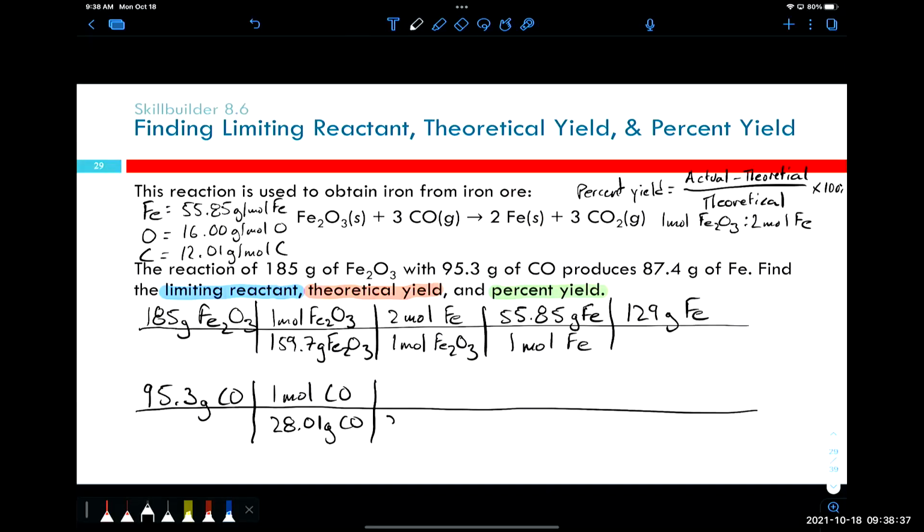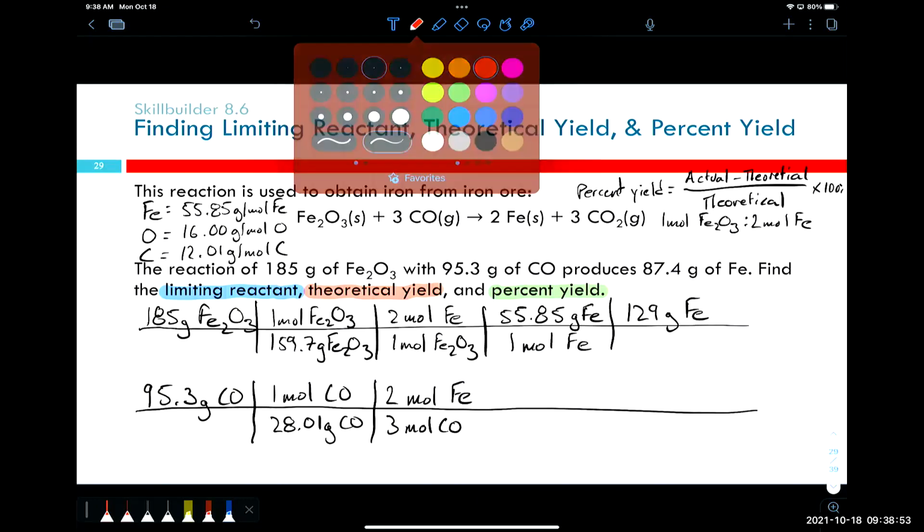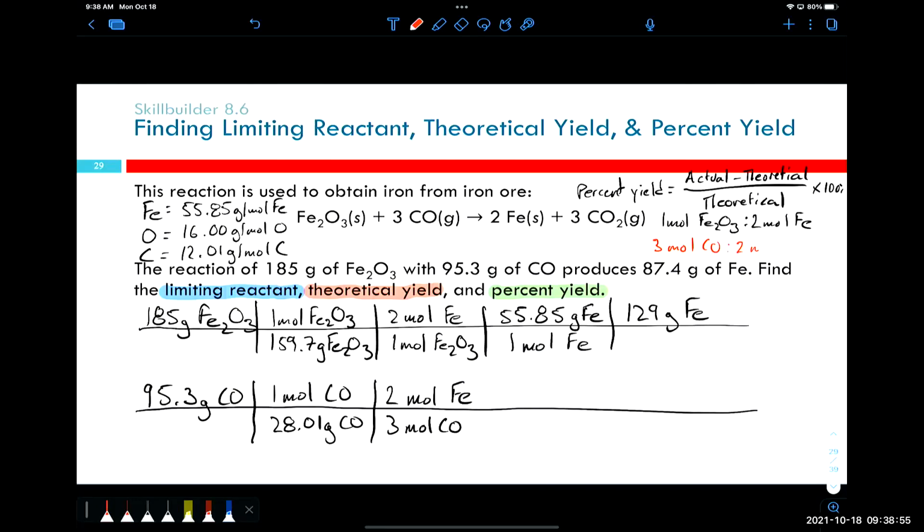So 3 moles carbon monoxide for 2 moles of iron.